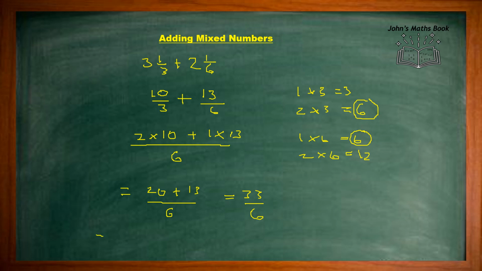So that will give 5 as the integer part, with the remainder 3 divided by 6. Now we can simplify 3 divided by 6 even further, because 3 goes into 3 once, and 3 goes into 6 twice. So that will be 5 1/2.